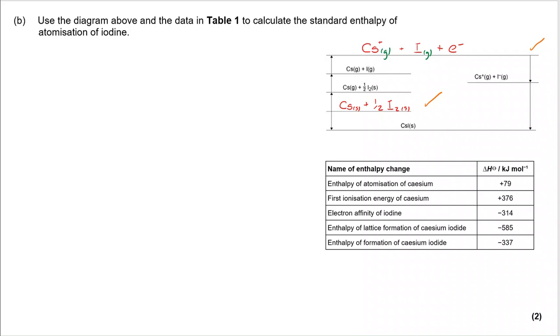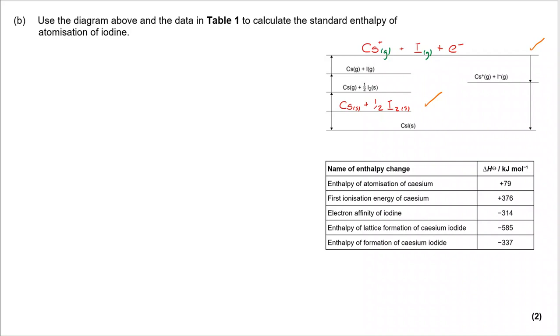So let's go on now and have a look at the calculation. We want to calculate the standard enthalpy of atomization of iodine. Now, what I'm going to do here is highlight what the two routes are around this cycle. There are many different ways that you can do these calculations. You can change directions of arrows and change signs.